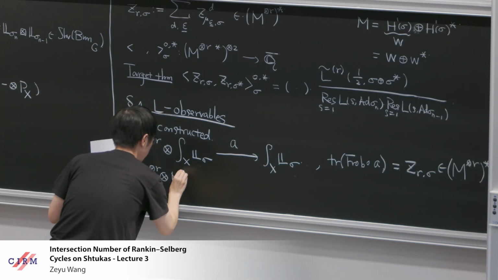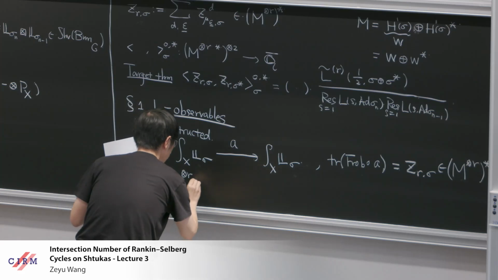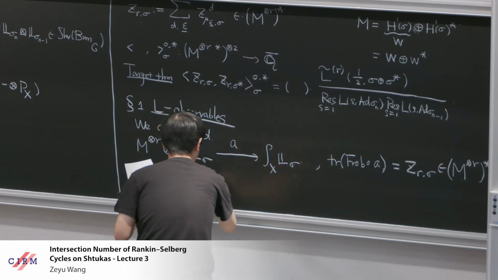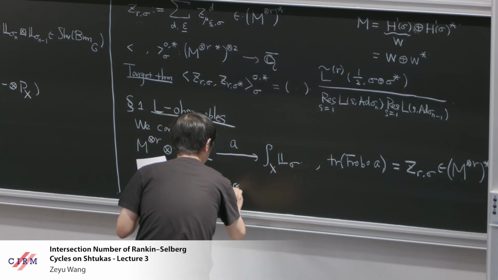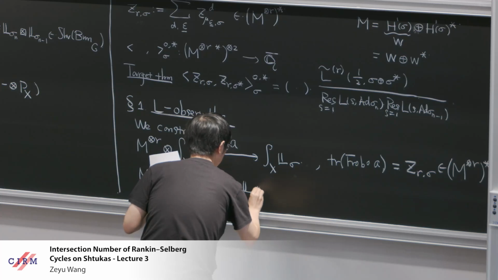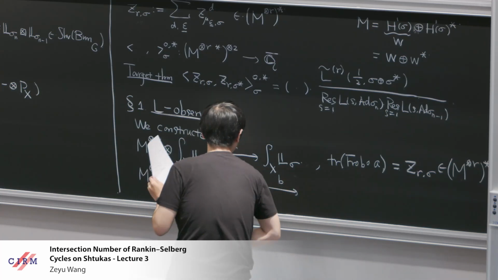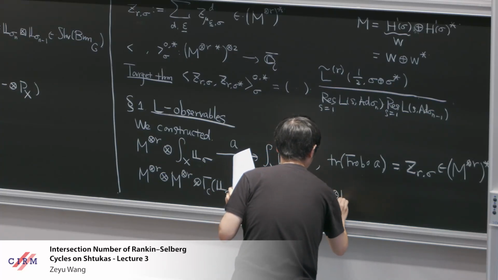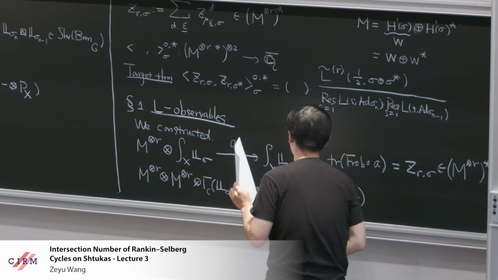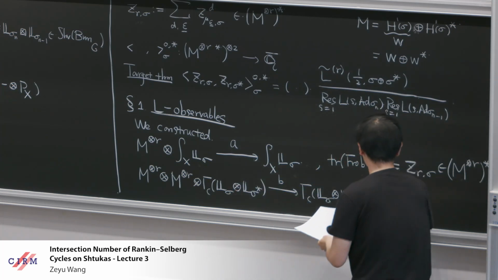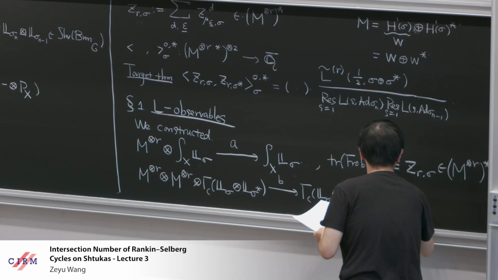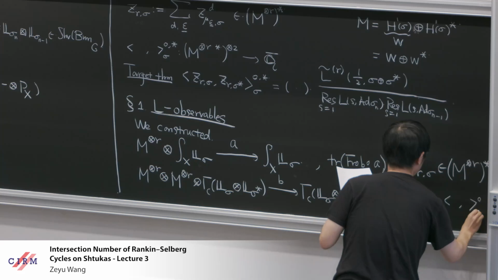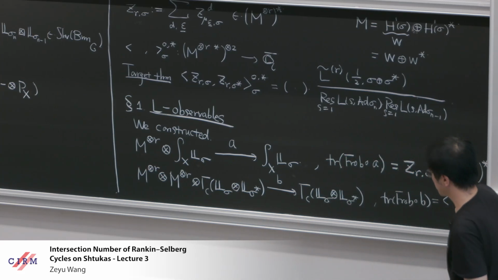Via a similar construction, you will have a map B, which recovers the intersection pairing, such that the trace of Frobenius composed with B will be the intersection pairing restricted to the isotypic part.